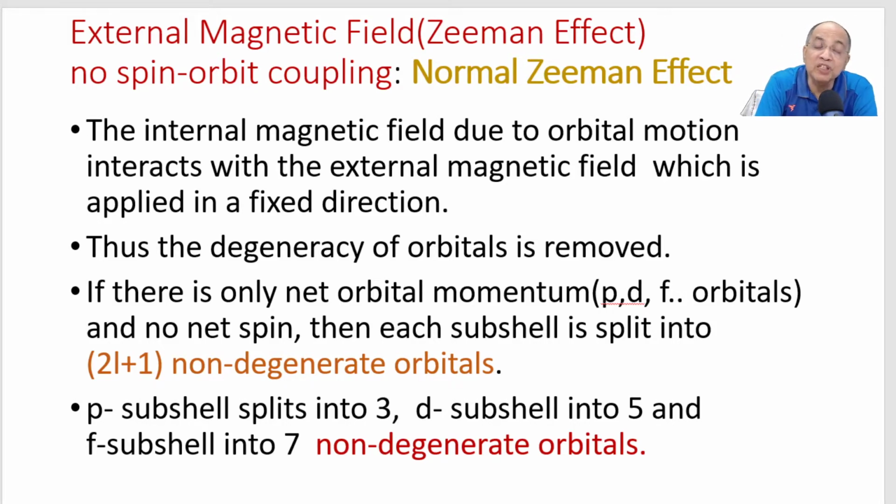So the normal Zeeman effect is observed when the resolution is low and there is an external magnetic field. Now we come to the external magnetic field, right?